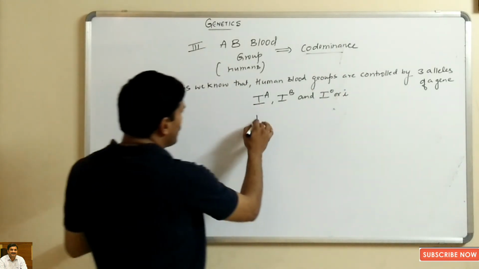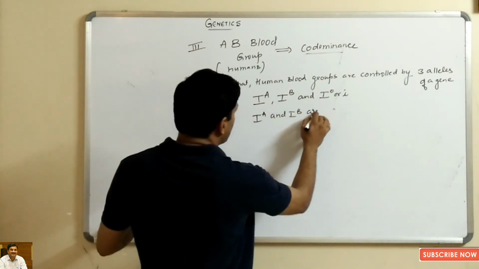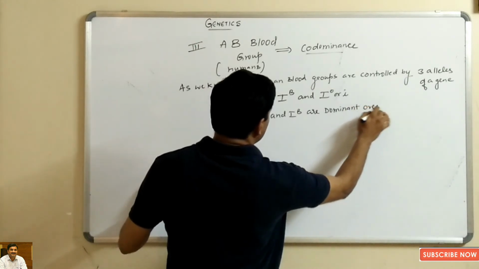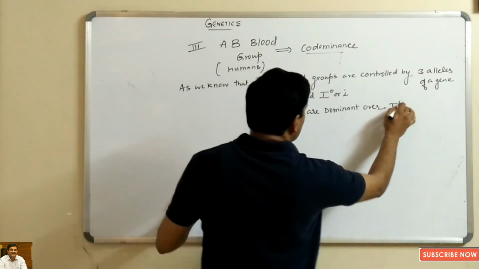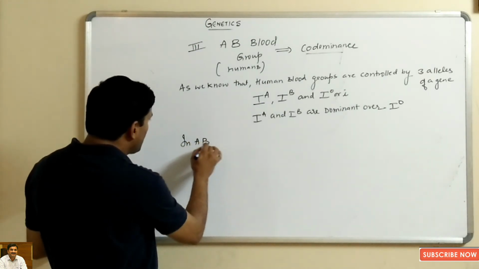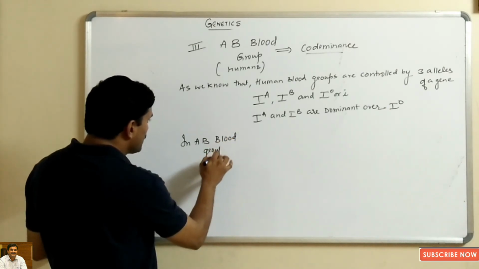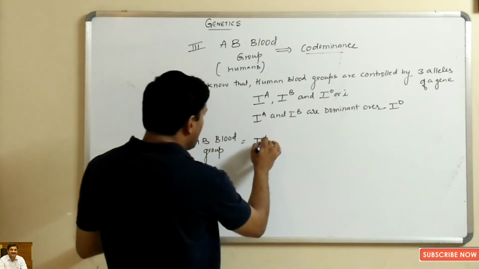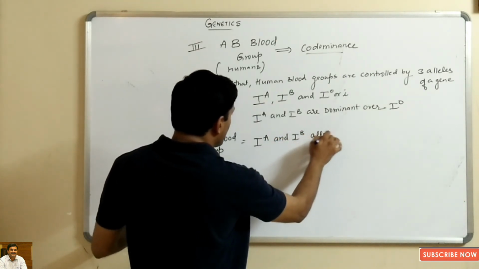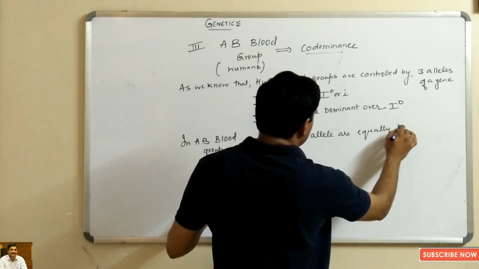We know that IA and IB are dominant over IO. So in AB blood group, what happens? The IA and IB alleles are equally dominant.